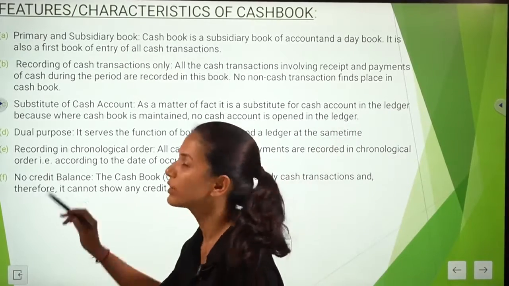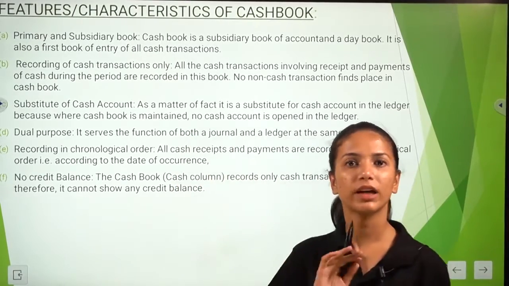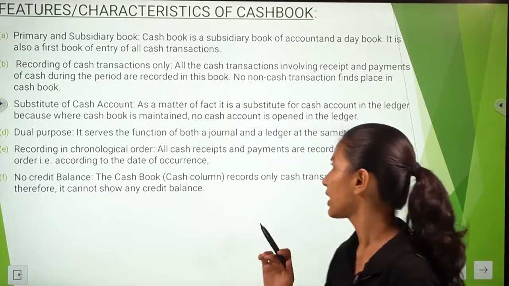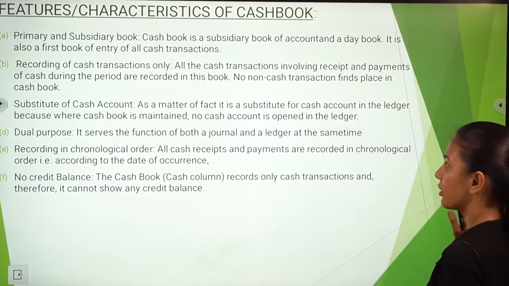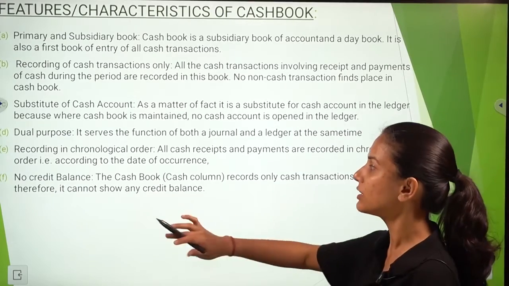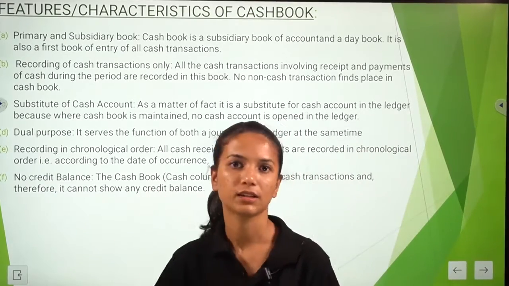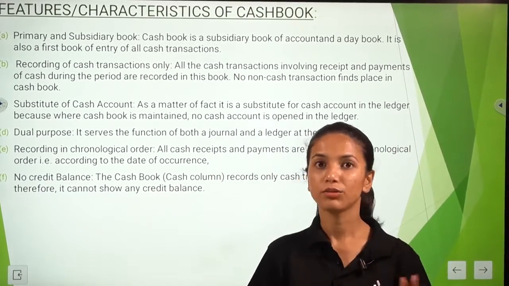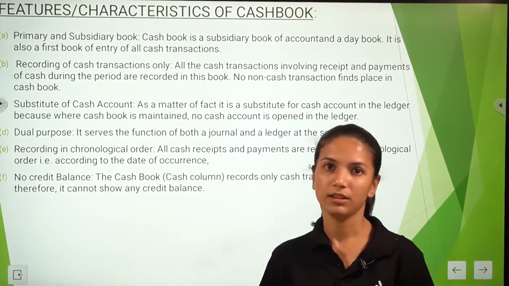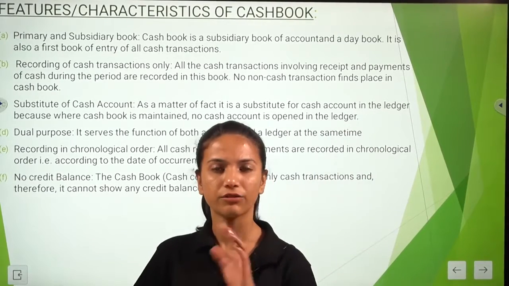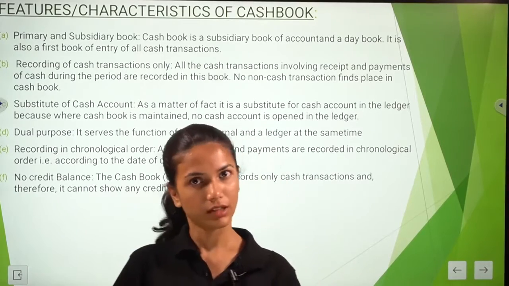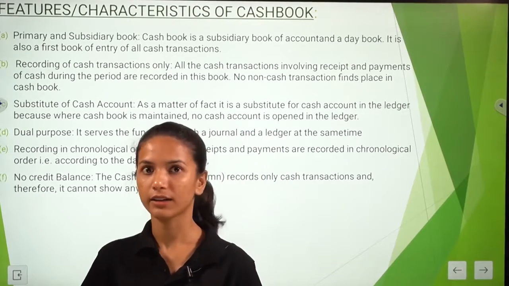Next, no credit balance. In cash, no credit balance. Okay. The cash book, cash column records only cash transactions, and therefore it shows no credit balance. In the credit balance there will be no, that means no negative balance. Right. If you have 10,000 and you are paying 11,000, is it correct? No, na?